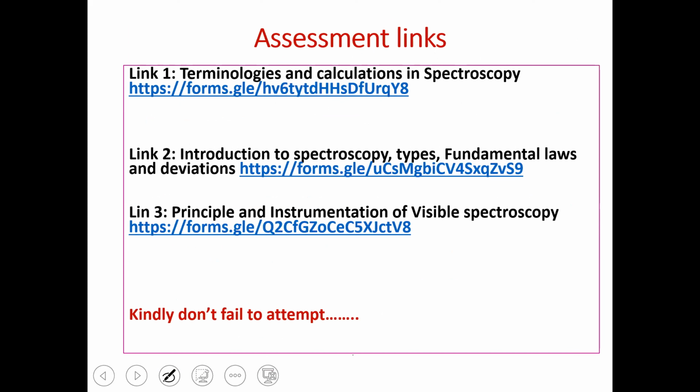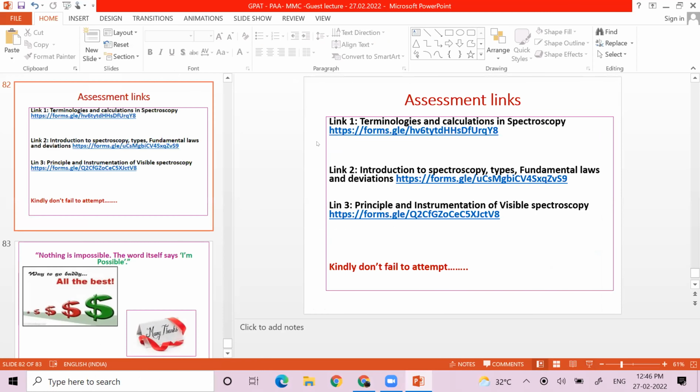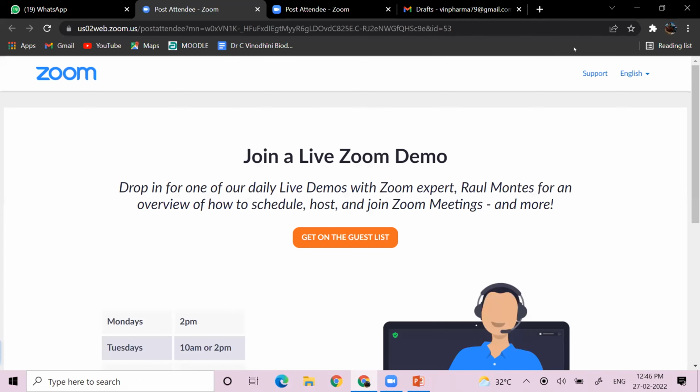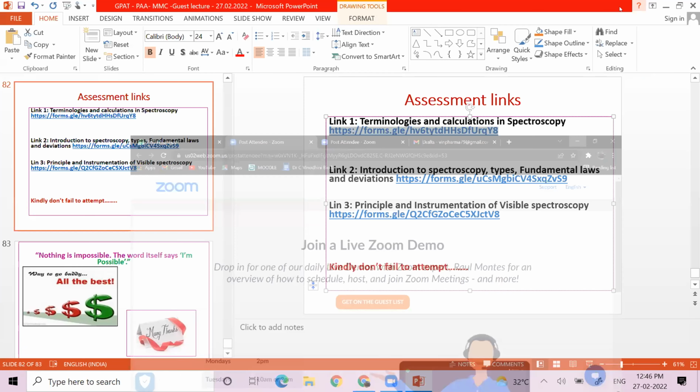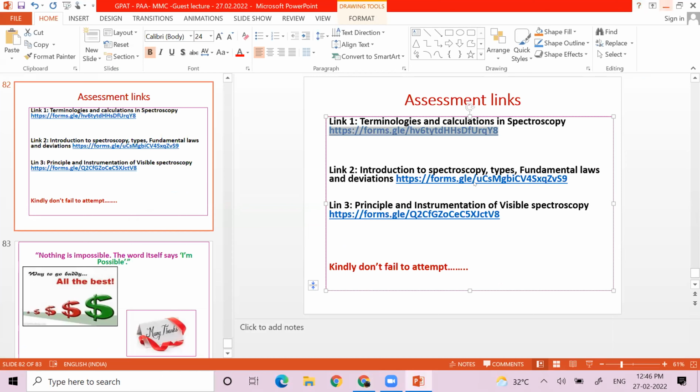So these are all Google Forms. My request to the learners is that you can just copy this link, open Google, and paste the URL. I've given the access.